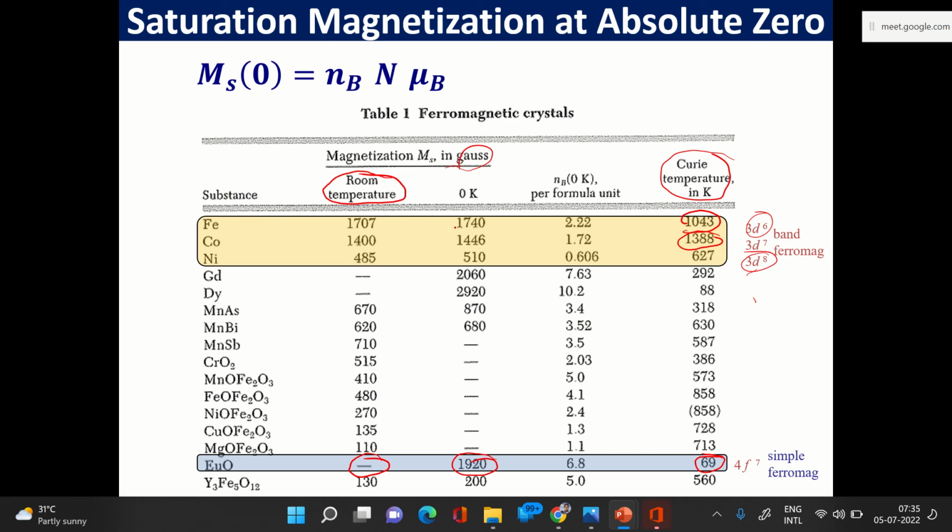At 0 Kelvin, you have a very good ordering, so a very high value of magnetization. At room temperature, it is slightly less. In case of iron and cobalt, even at room temperature, you have a very significant value of saturation magnetization as compared to 0 Kelvin.